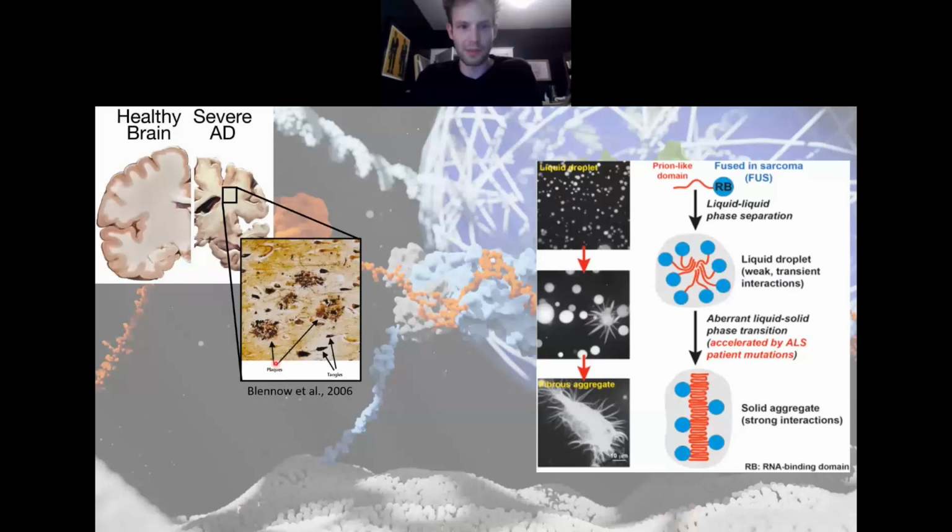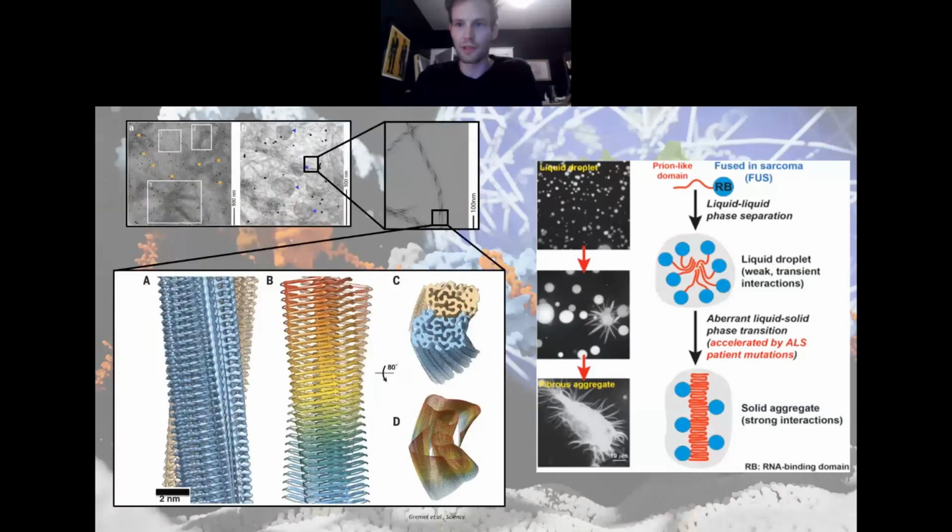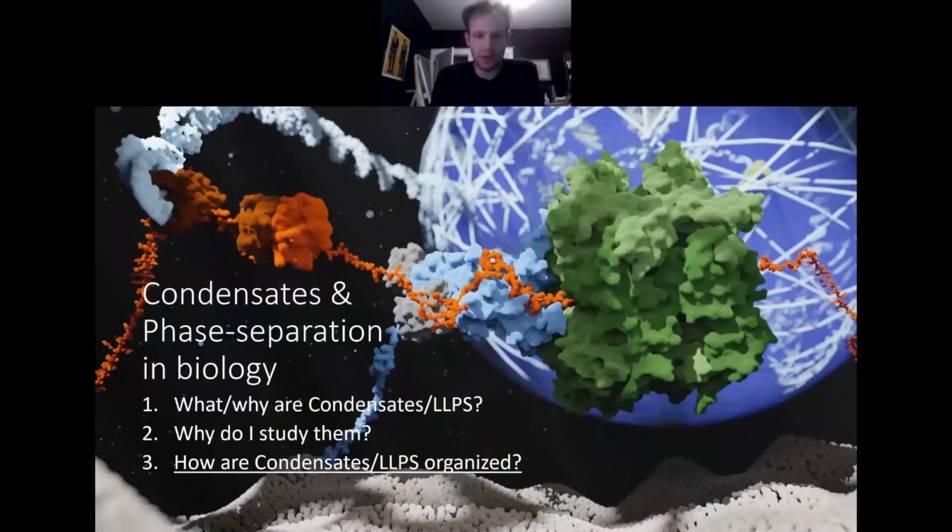And these are protein aggregates that if you zoom in farther with an electron microscope, you can see these amyloid fibers, and then you can do cryo-electron microscopy to get their structure. And the question is then, how do we get these amyloid fibers associated with these diseases? So that's why I study them, to try and understand this process, and then in trying to understand them, I want to know how these condensates are organized.